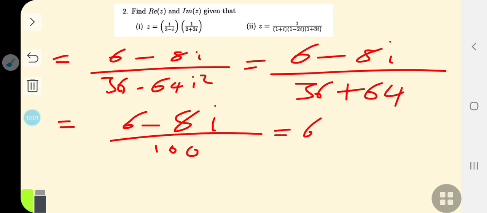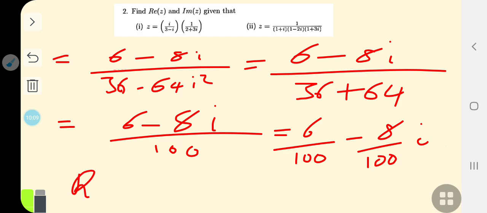Then I'm having 6 over 100 minus 8 over 100i. So my real number is 6 over 100, but there is a number that can go into 6 and 100. We know that 2 into 6 gives me 3 over 50.